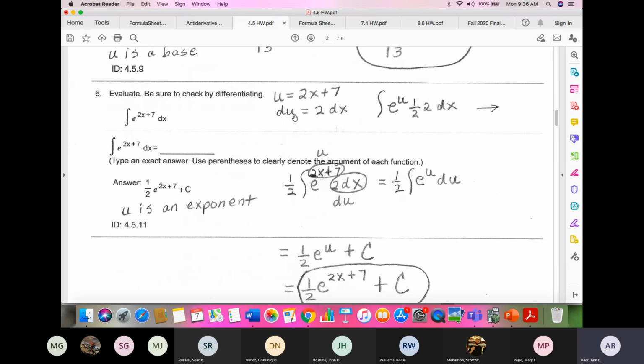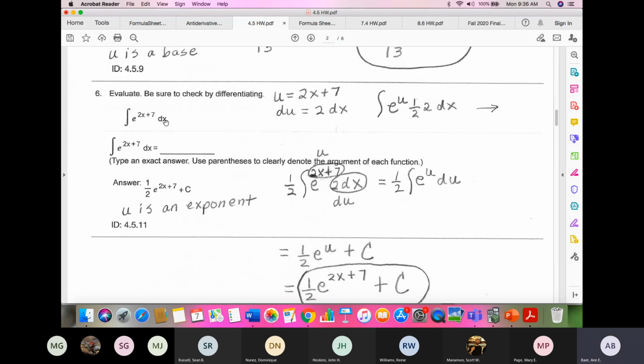So let's take a look at this. What I see is this e I ignore because it's a number, just for the purposes of what we're doing now. I temporarily ignore it, I should say. This 2x plus 7, we're going to take that out and replace it by u, but not just quite yet.